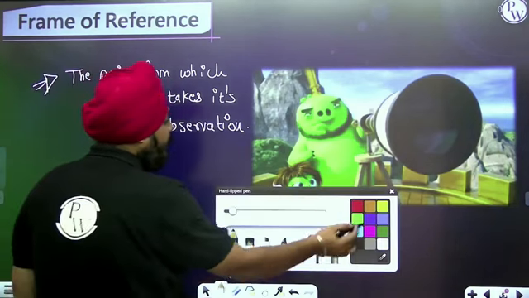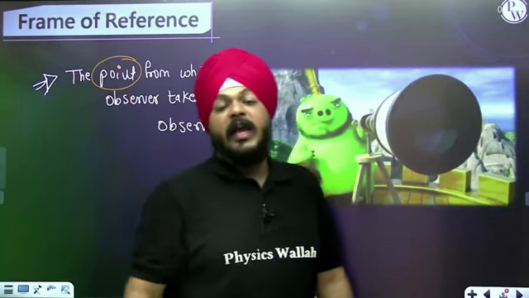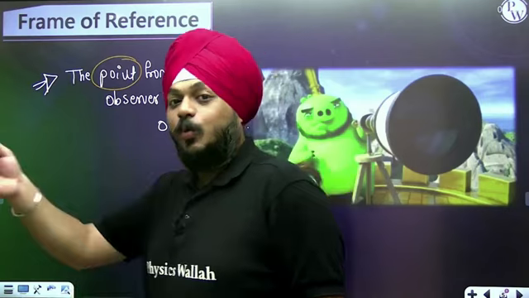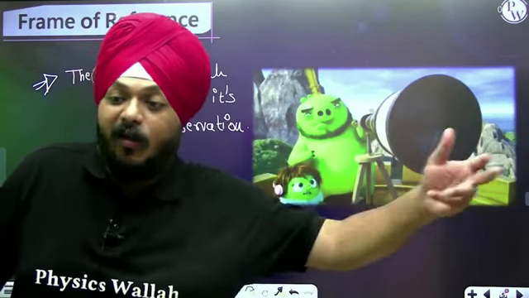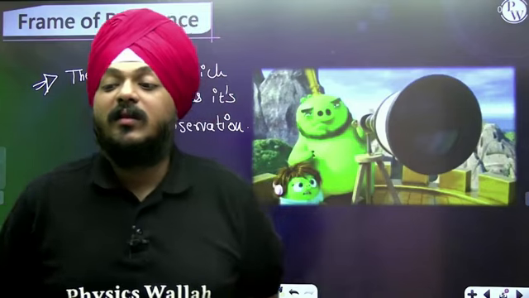This point can be any position in 1D, can be in 2D, can be any 3D coordinates. This point can be any point at any position in the entire three-dimensional space.